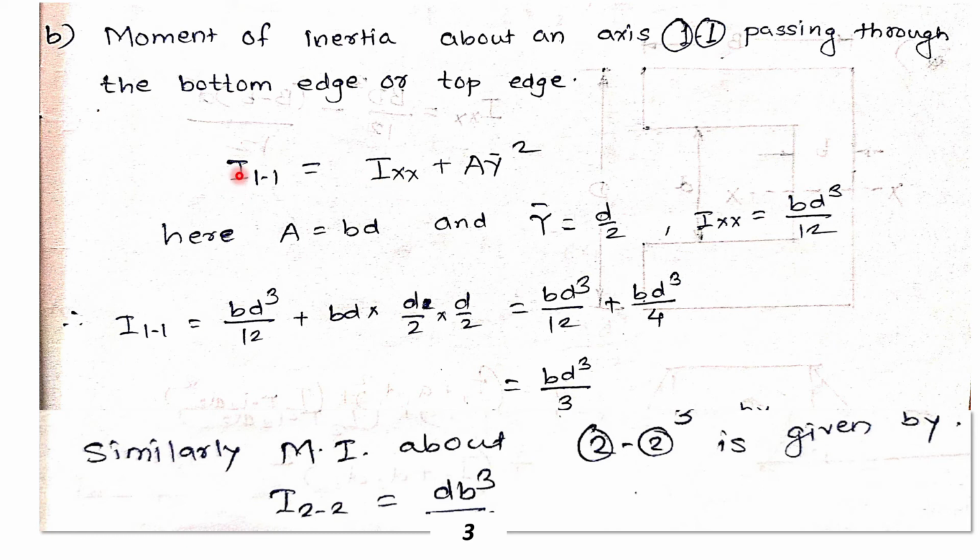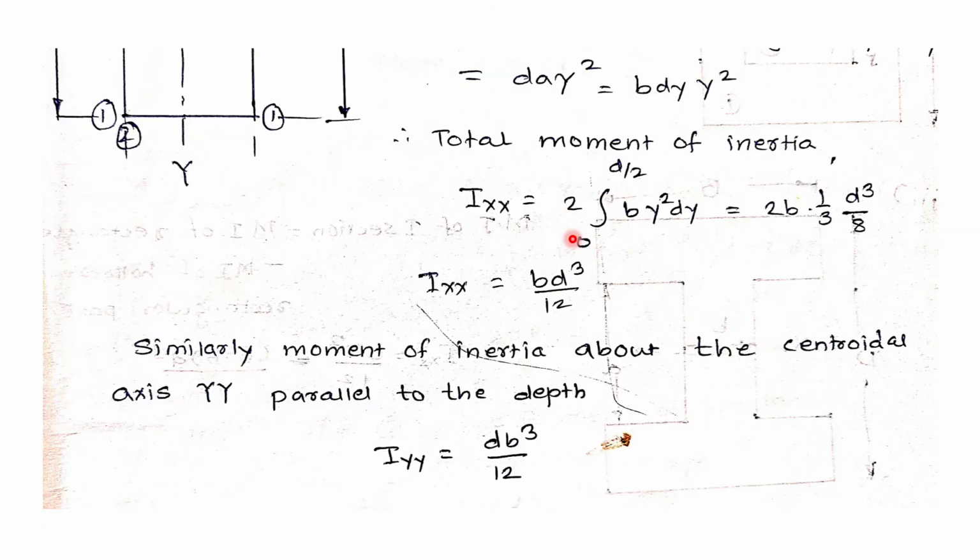According to the statement of the parallel axis theorem, I11, the moment of inertia of the lamina about any axis, is equal to the moment of inertia about its centroidal axis plus area into the distance between the two axes. For the rectangle the area is b into d and the distance between the two axes is d by 2, right?